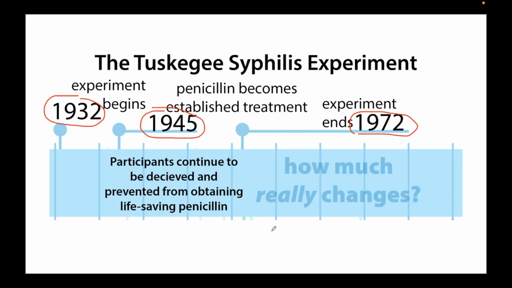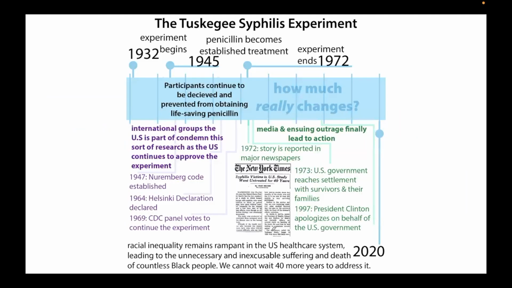So this is the Tuskegee syphilis experiment. And what happened? Look, the Nuremberg Code was established way back in 1947, and this was established after penicillin was discovered, and this Tuskegee study was already ongoing. And look, it was only at the end of the experiment when it hit the newspapers.